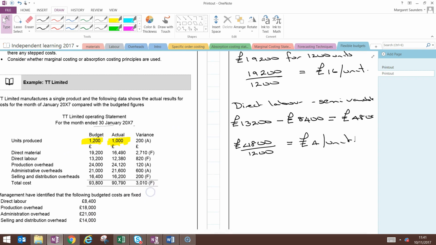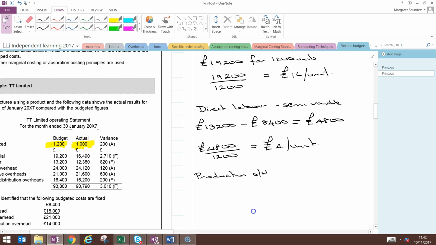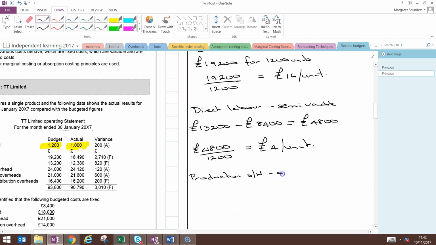Next, we look at the production overhead. We are told that 18,000 is fixed. The total figure that is in the budget is 24,000. So the difference must be variable. So again, production overhead is a semi-variable cost.